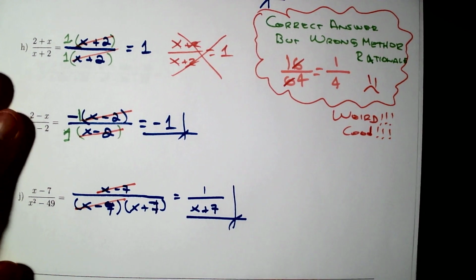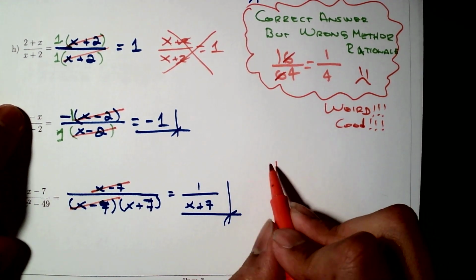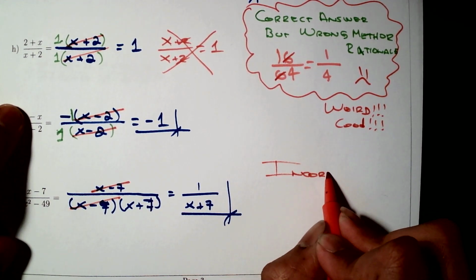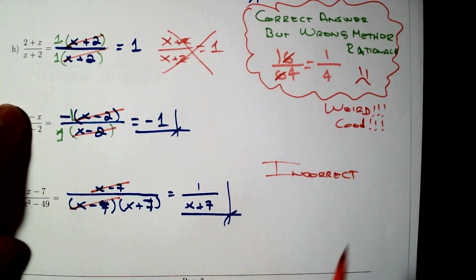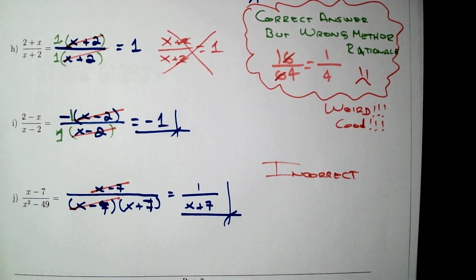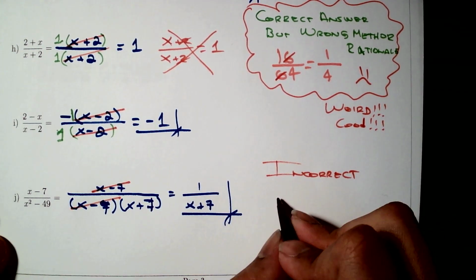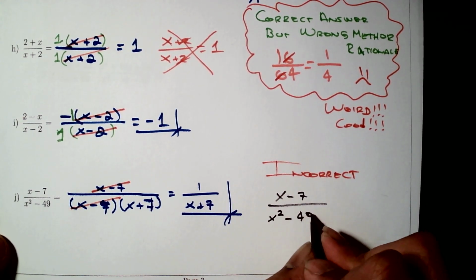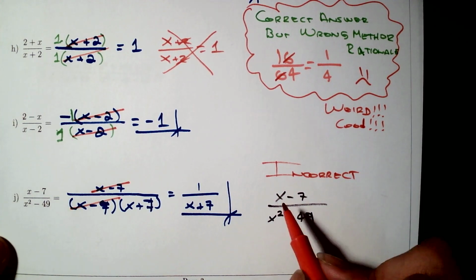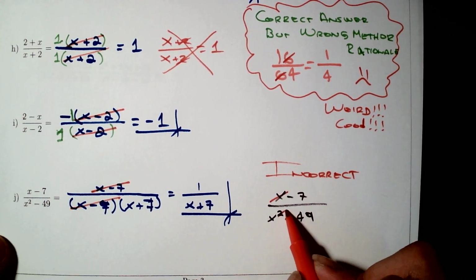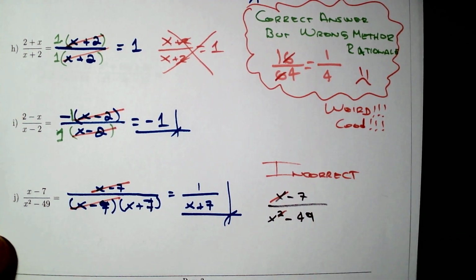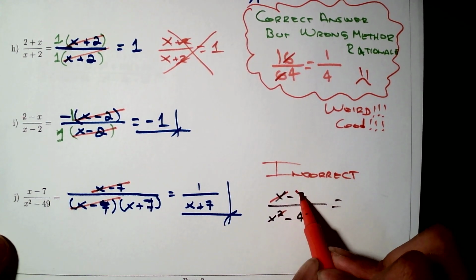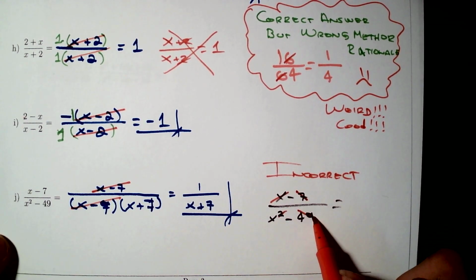The incorrect way to do this is by x minus 7 over x squared minus 49. All right. This x goes with 1, leaving us with negative 7 over negative 49.